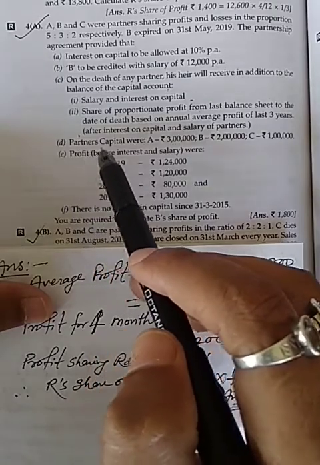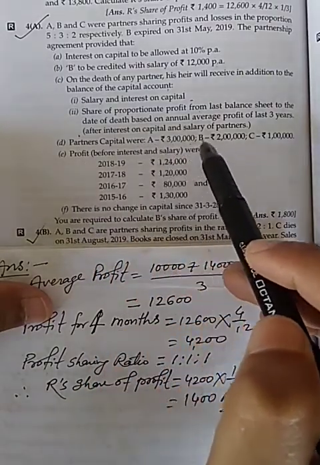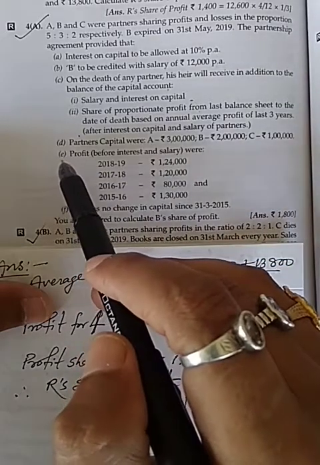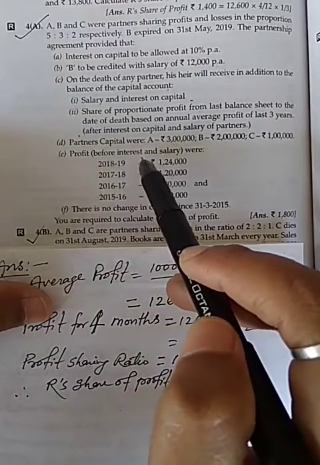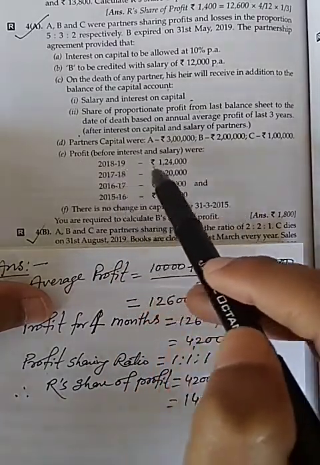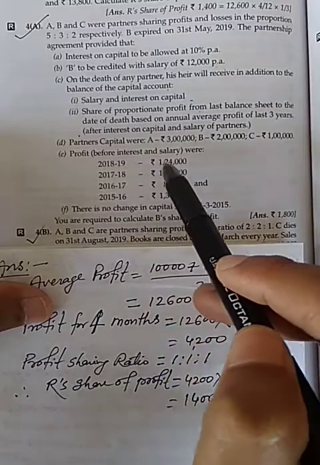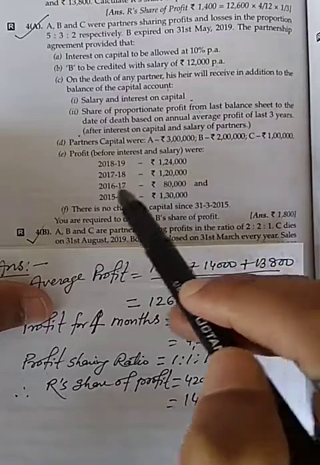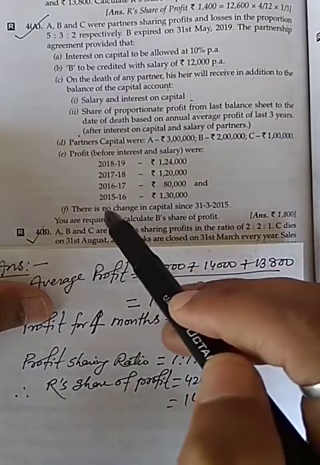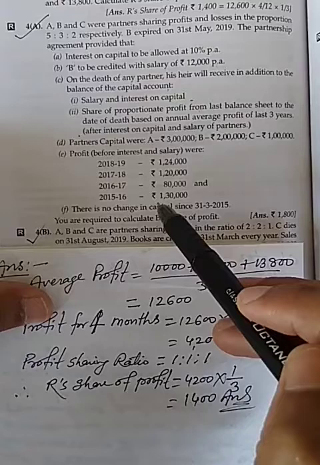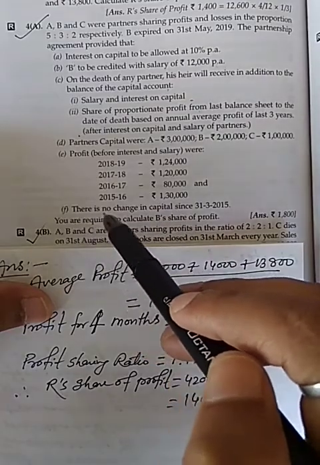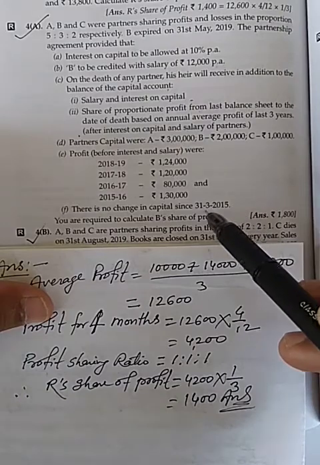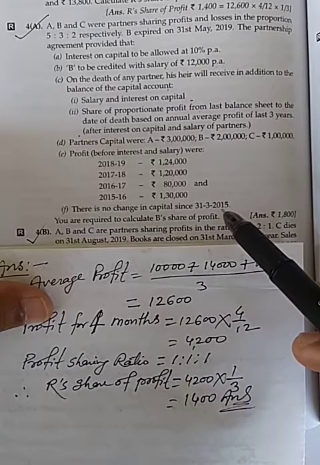Partners' capitals were A 3 lakh, B 2 lakh and C 1 lakh. Profit before interest and salary were, for 2019, 1,24,000, then 1,20,000, 80,000 and 1,30,000. There is no change in capital since 31st March 2015.